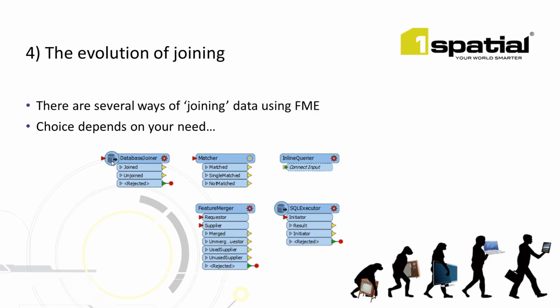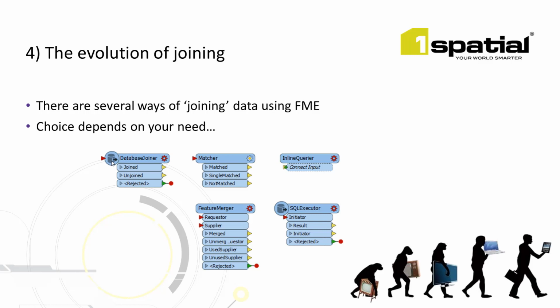It goes into a little SQL database stored on your machine temporarily, and then you are able to build SQL queries against file-based data that didn't previously support SQL queries. So super powerful, super capable little utility, giving you significant performance over and above some of the other joining transformers.